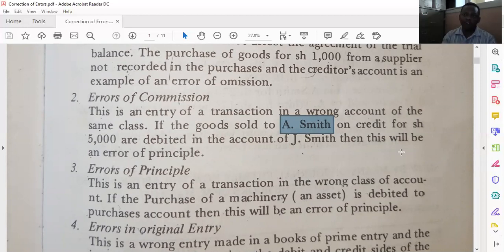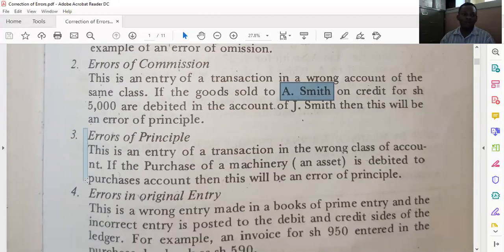So the 5,000 shillings has gone to the right side of the ledger, but on the wrong account. So this will be an error, but in the end, it doesn't affect the trial balance because the two sides of the ledger have been affected equally. So such an error of commission is one of the types of errors not affecting the trial balance.